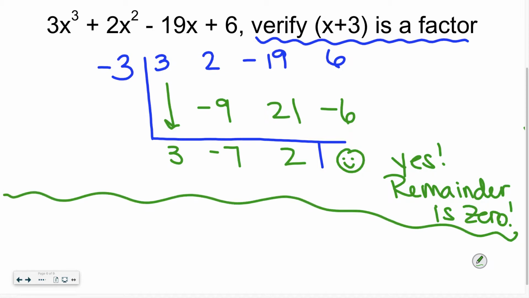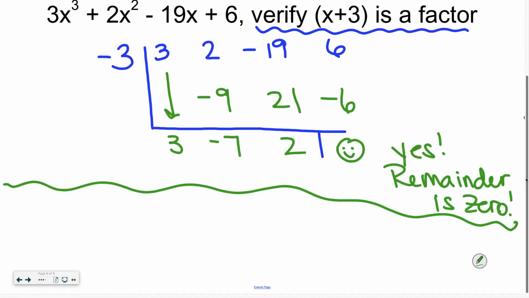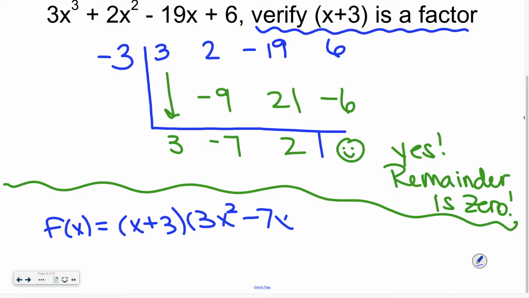Now, let's keep talking about this, because we're eventually going to have to keep going. What we did is we took x plus 3 and we divided it out, right? So we know that x plus 3 times this leftover 3x squared minus 7x plus 2 would multiply together to be our original function.